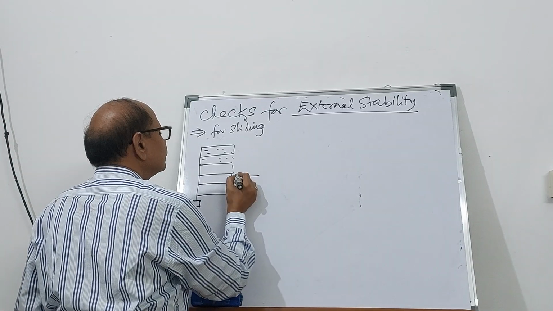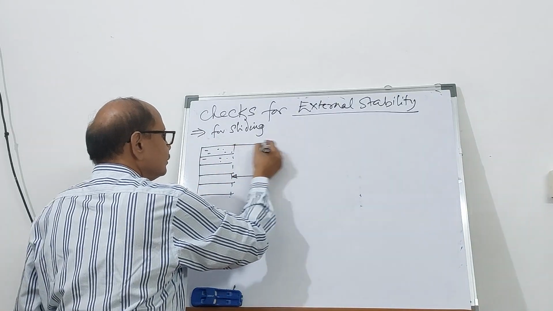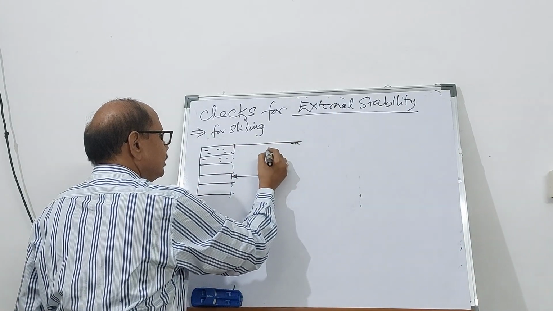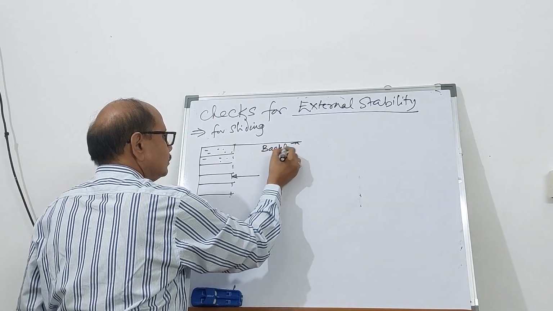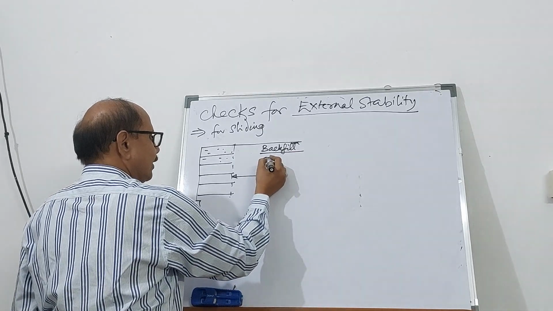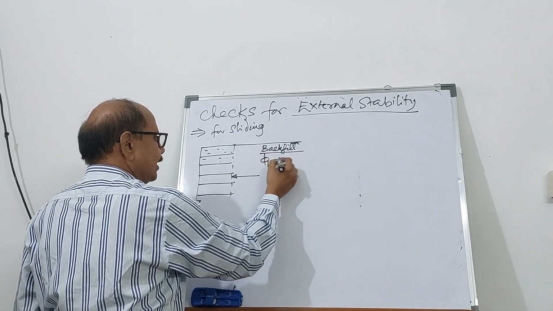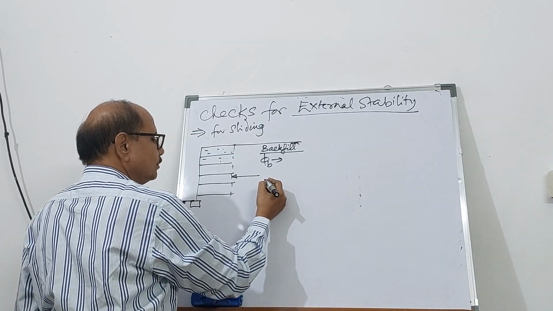Calculate the horizontal pressure due to backfill. So there is the backfill. What are the properties of the backfill? Phi b is the angle of internal friction of the backfill.